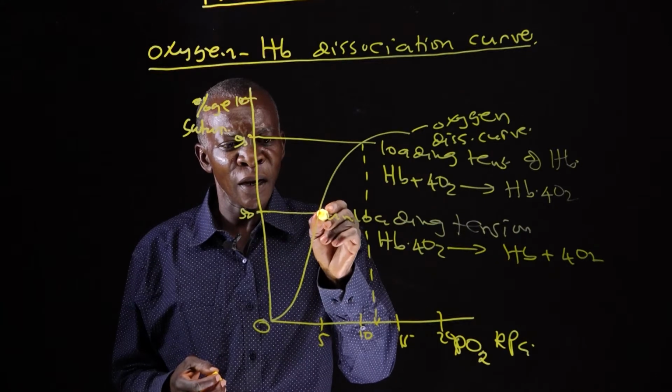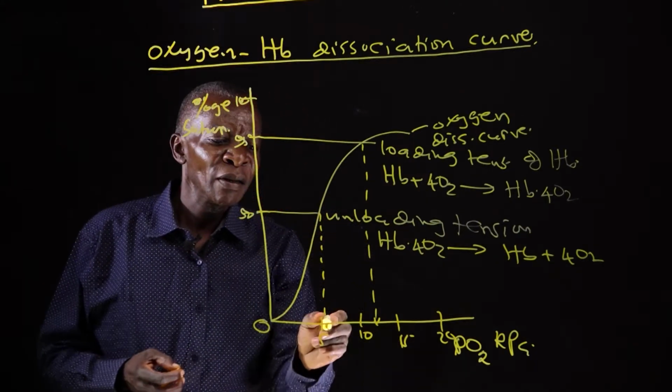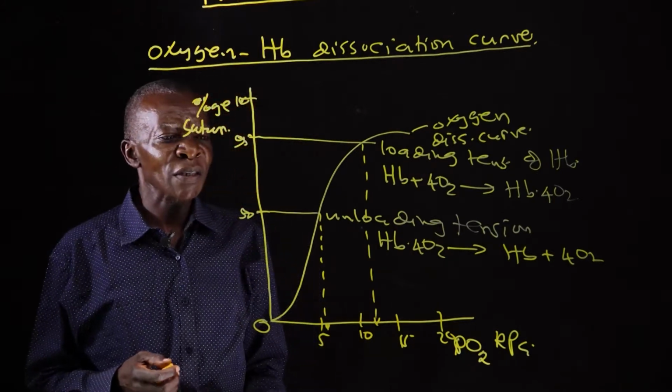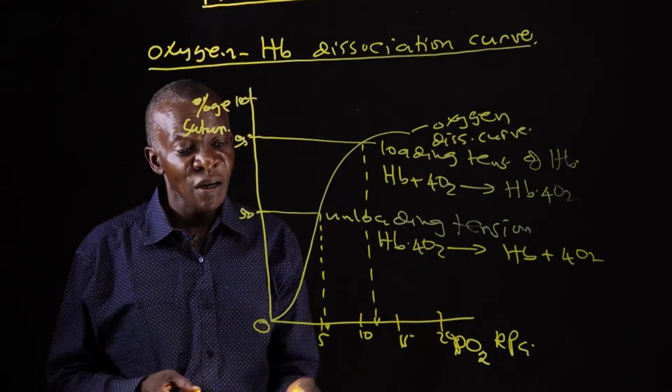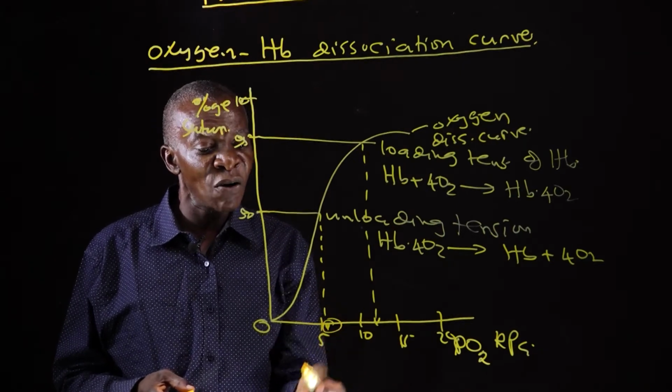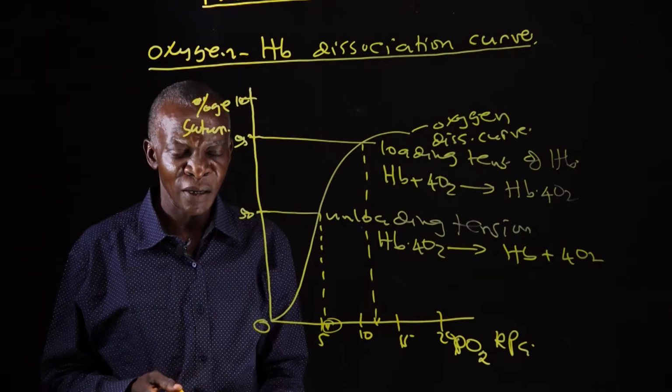But when the partial pressure is as low as maybe 6 kilopascals, this hemoglobin will unload. It means when the tension is low here for oxygen, it will be high for carbon dioxide.